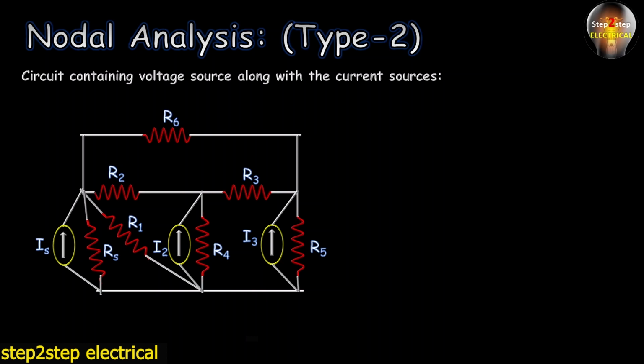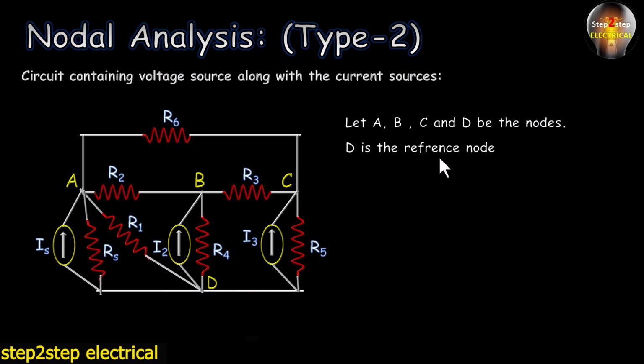Okay, so first of all we will apply KCL. Before applying KCL we have to make some assumptions. Here let A, B, C and D be the nodes, where D is the reference node, and these are all at a common point. So we assume D as the reference node.